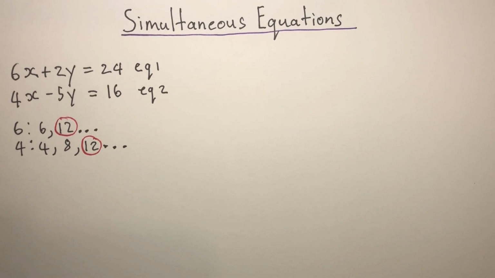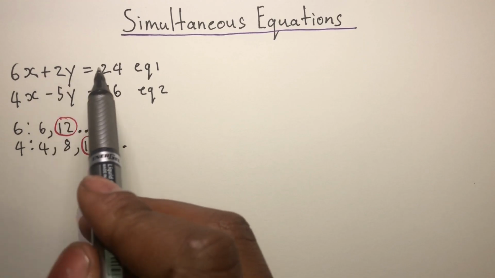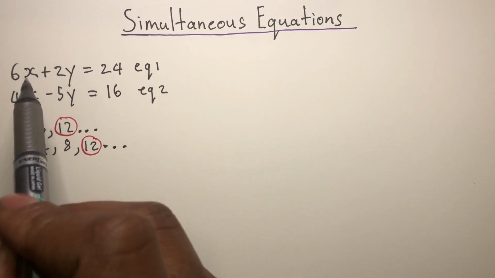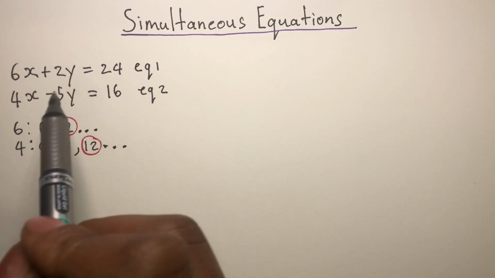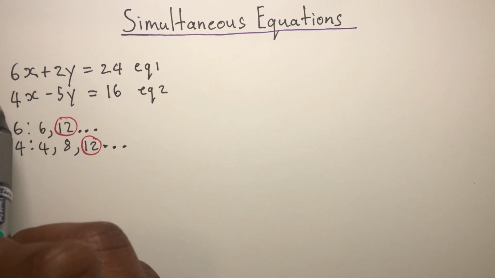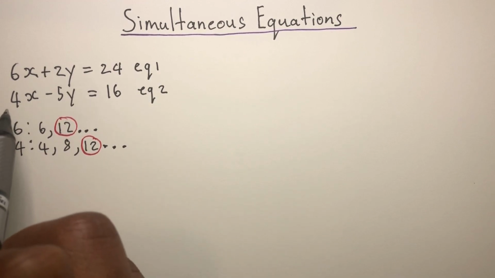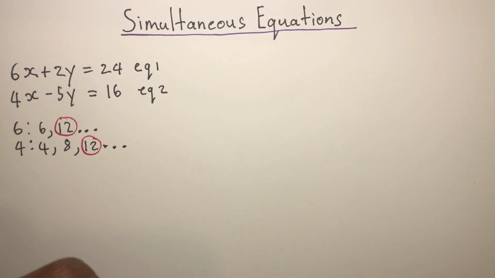Then we're going to ask ourselves, what number can we multiply equation 1 by to get 6x to be equal to 12x? And what number can we multiply equation 2 by to get 4x to be equal to 12x?